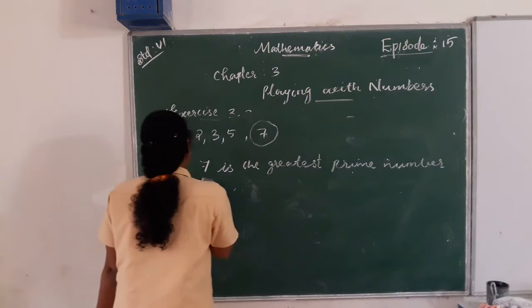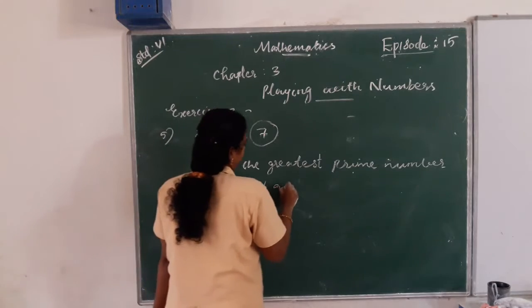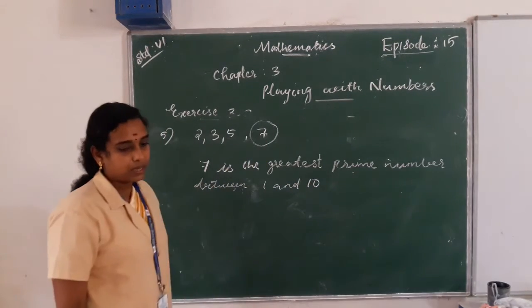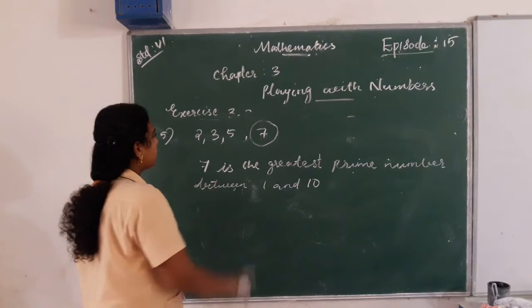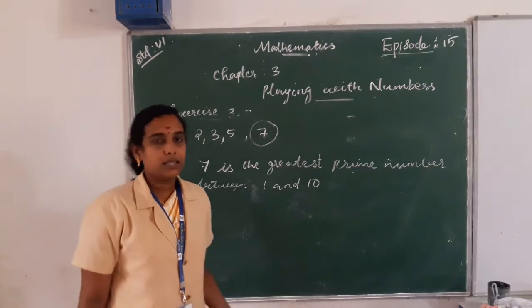Here 2, 3, 5 and 7 are the prime numbers between 1 and 10, and 7 is the greatest prime number between 1 and 10.